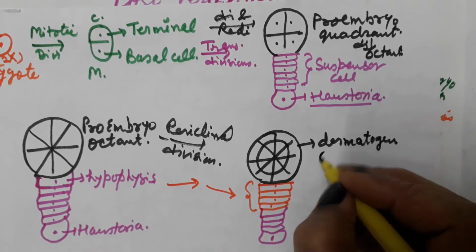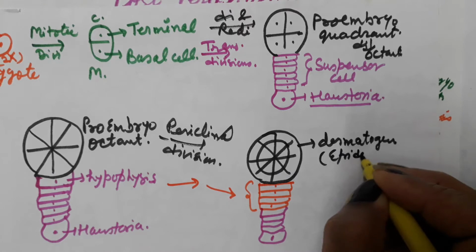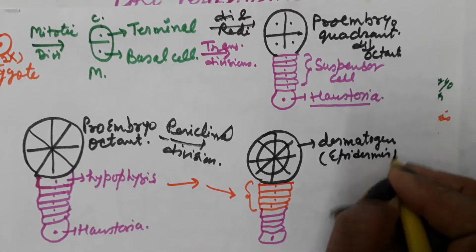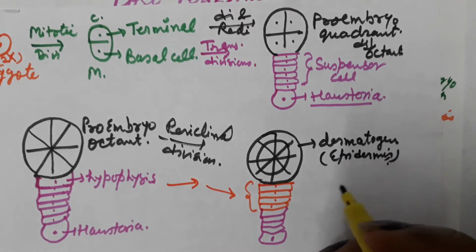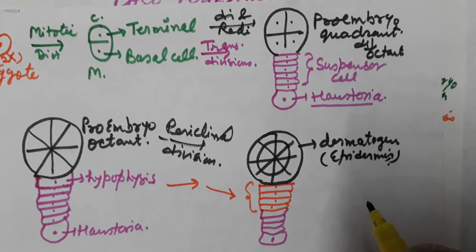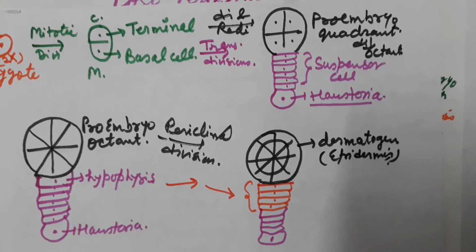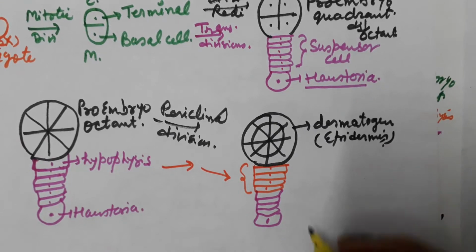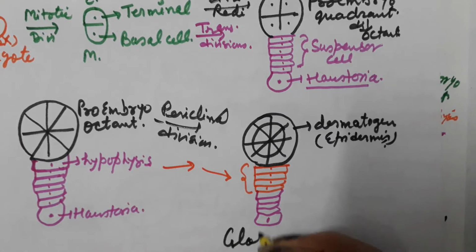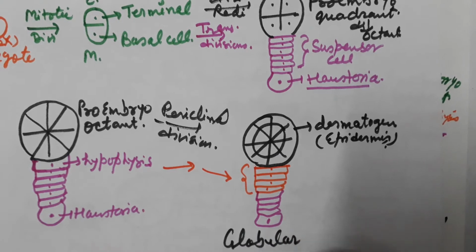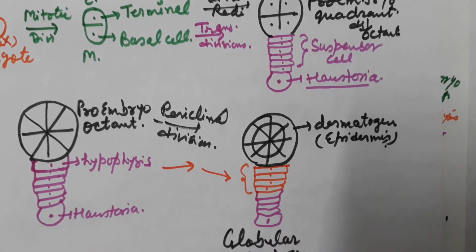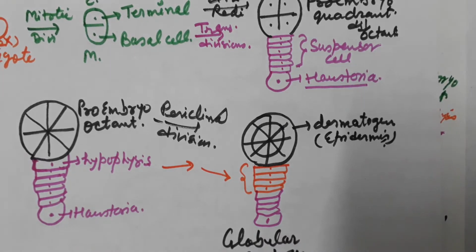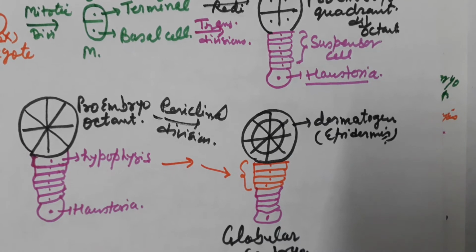Later on, the dermatogen gives rise to the epidermis, that is the outermost covering of every plant organ. The shape of the embryo is globular. After that, differentiation takes place.